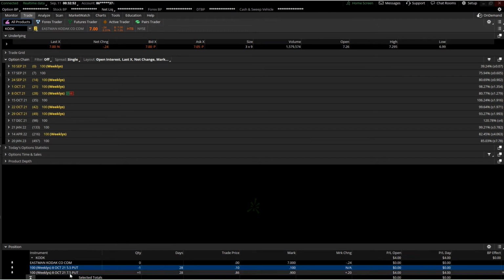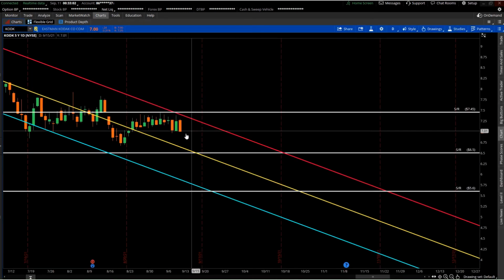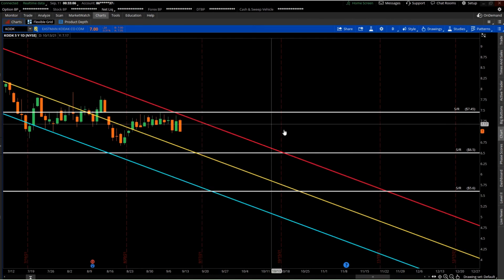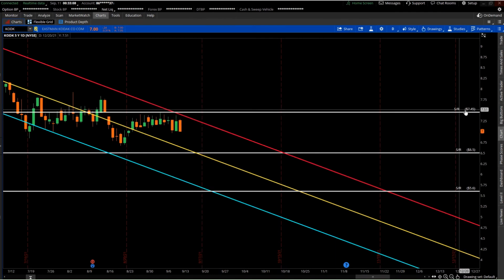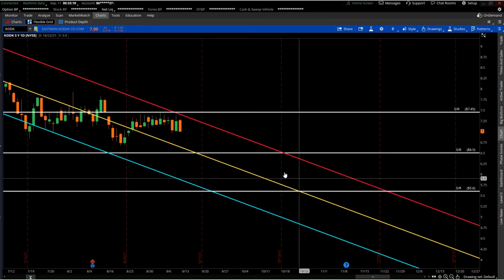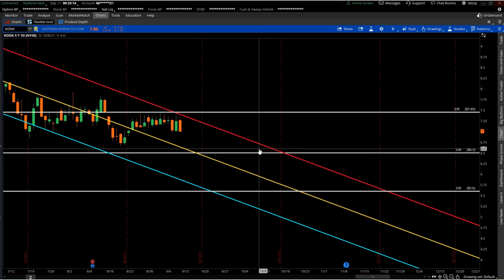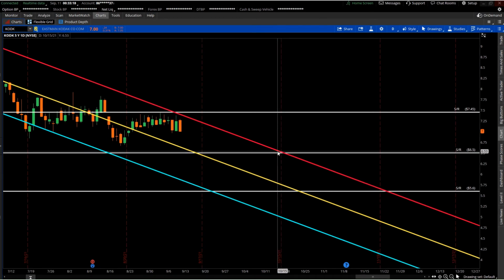I'm not counting on price going higher than 750, but not falling below 550. So I'm looking to take advantage of the price range between 745 and 560 up until October 8th, which is right here. So it's literally a week before expiration Friday.